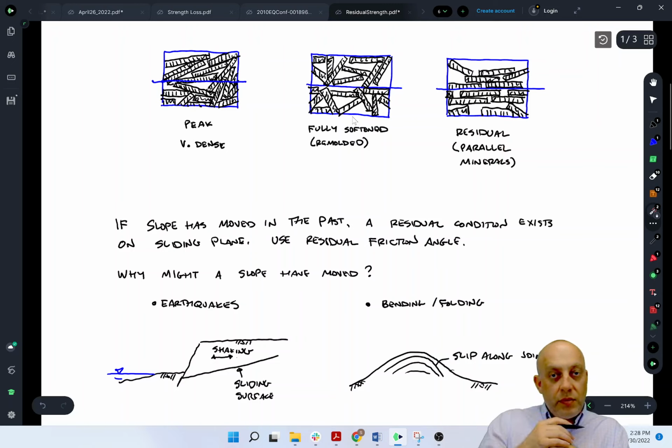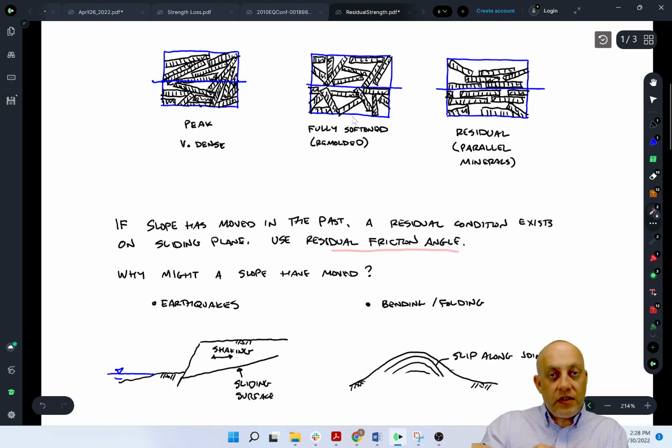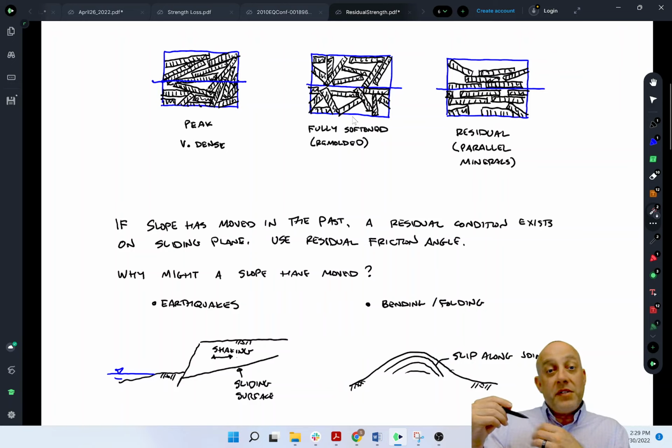And so you should assume that it could reactivate along that residual friction angle, usually if the water table, if the pore pressure conditions change enough to cause it. So you would use a residual friction angle in your analysis. The problem is that residual friction angle can be very low, sometimes as low as 6 degrees or so for some different kinds of clay minerals.